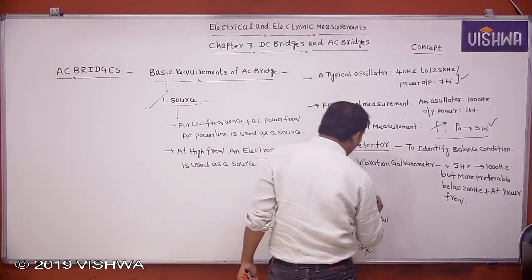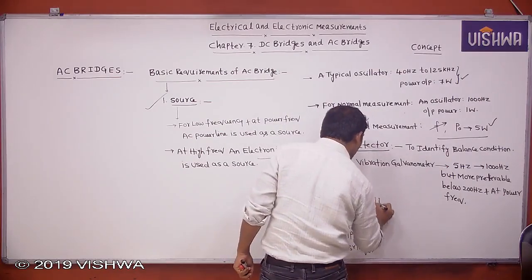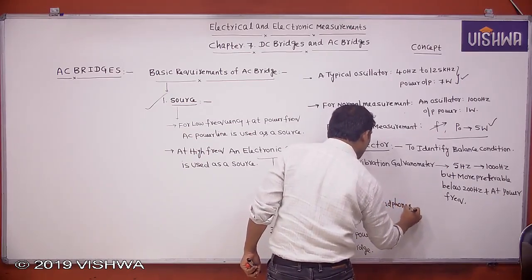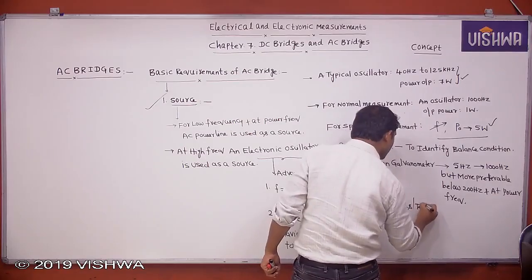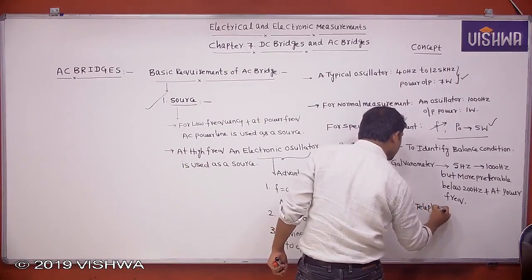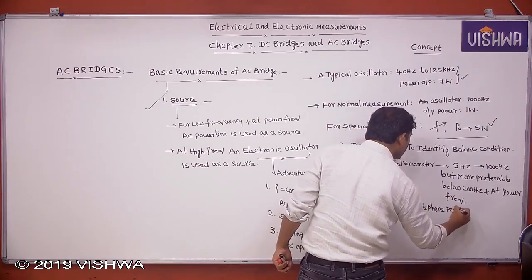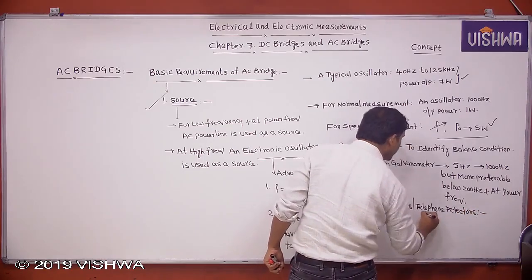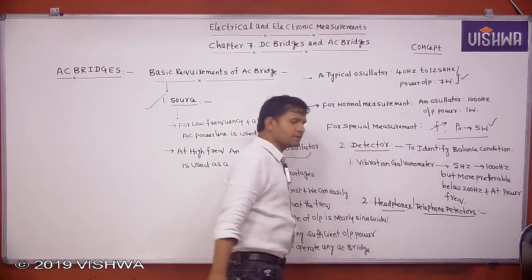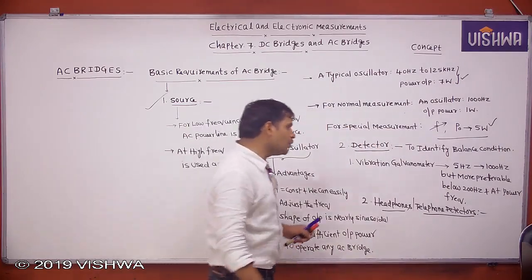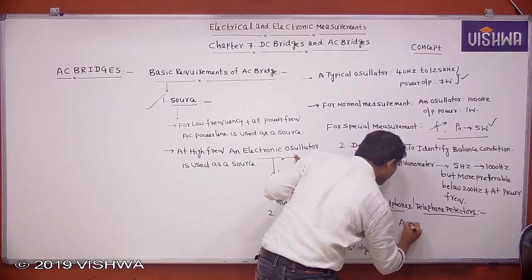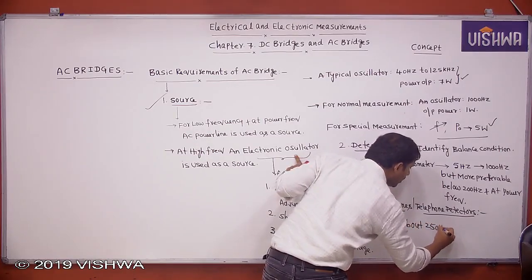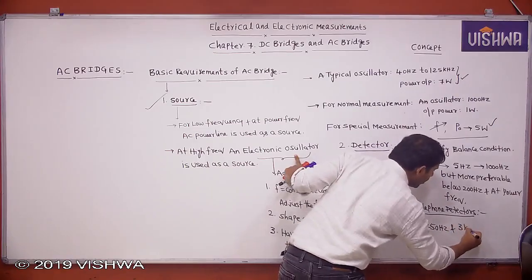Then one more detector we can use is headphones. Headphones are also used as detectors. These are also called telephone detectors. They are used from about 250 Hz and up to 3 kHz to 4 kHz.